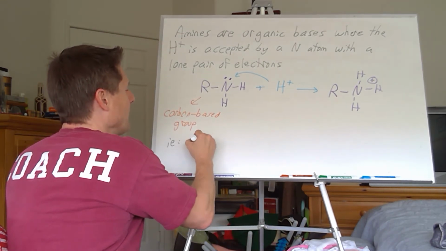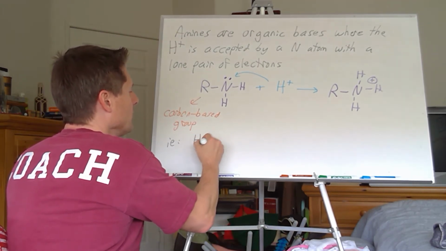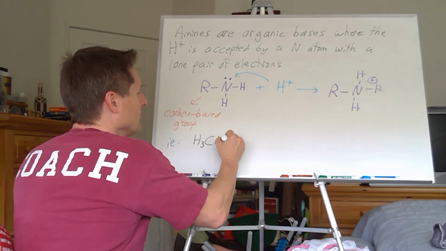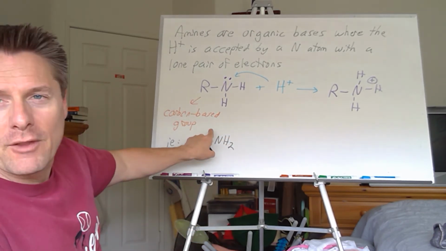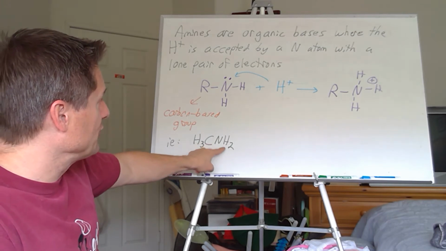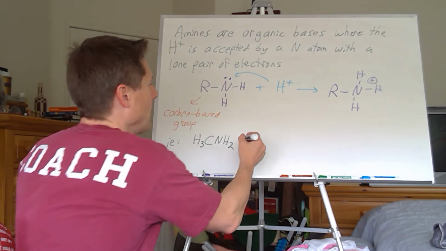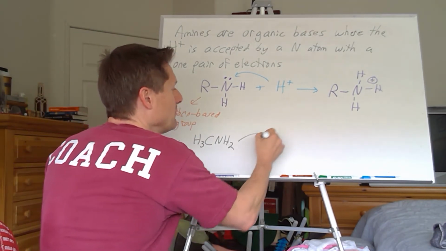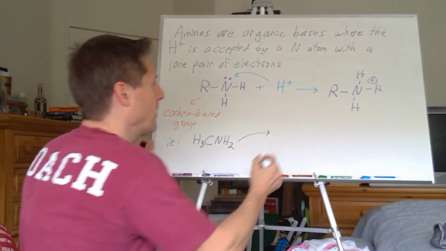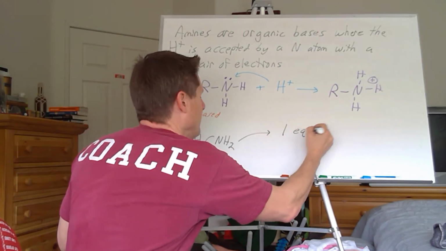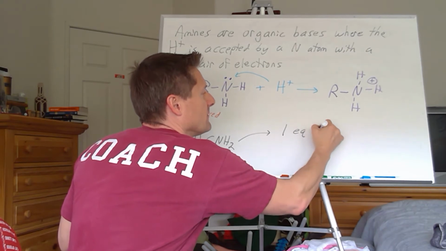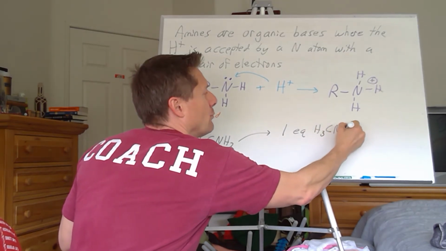Let's say we have this group. Now, I'm not drawing the lone pair on there, but you can see that the nitrogen has three groups with a lone pair. So that can pick up one hydrogen atom right there. So that would be one equivalent per mole.